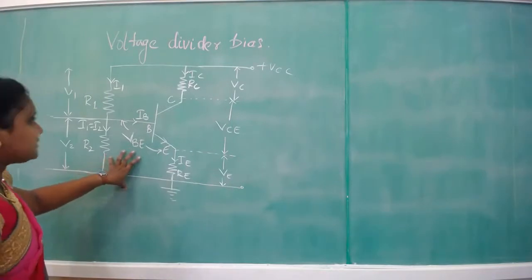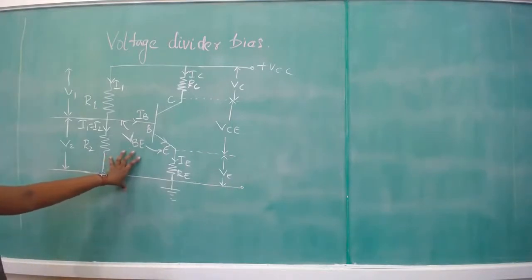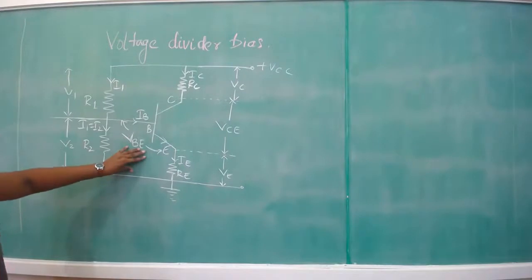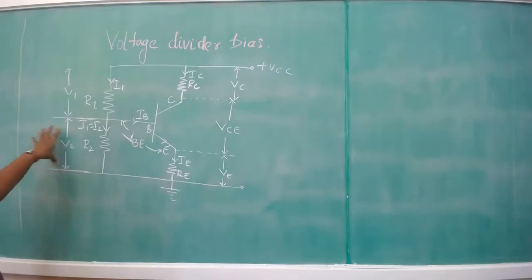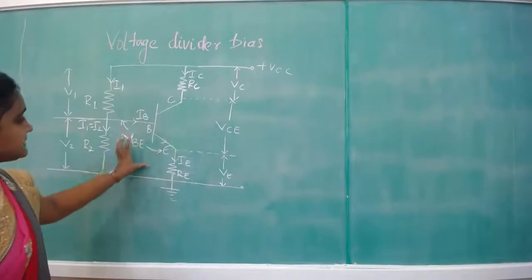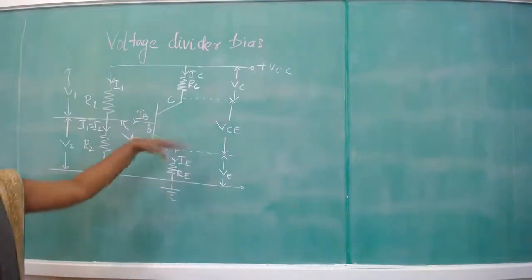This is called voltage divider bias. Why voltage divider bias? Because a portion of the voltage, that is V2, is biasing the base terminal. That's why it is called voltage divider bias. We will be using two different loops for the analysis: the base loop, that is the input part, and the collector loop, the output part.